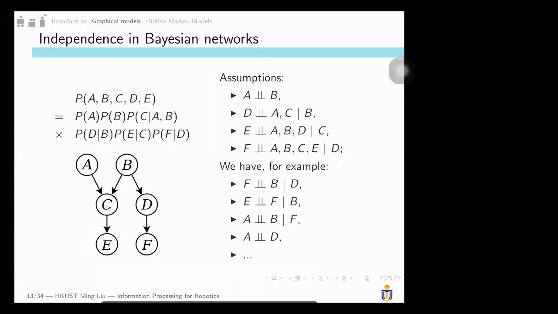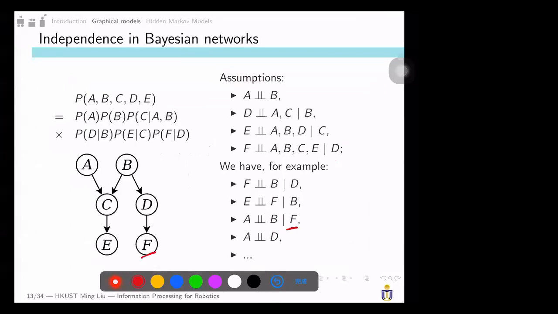Then given F, A and B are independent. Why? Because even given nothing, A and B are independent, right?